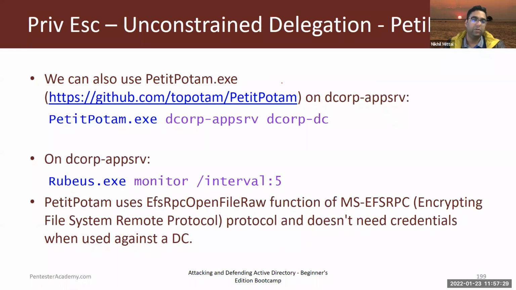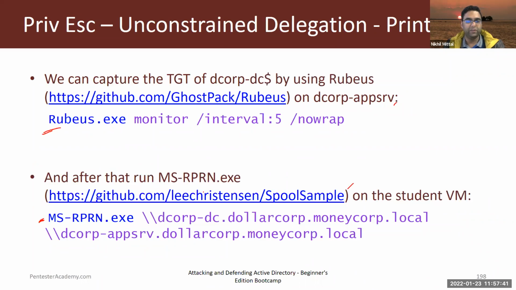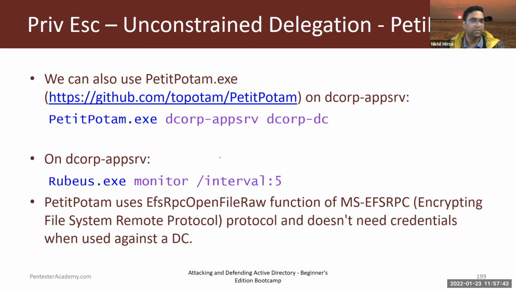All right, or you can also use PetitPotam for this. So in place of SpoolSample or MS-RPRN, we can use PetitPotam as well. Why PetitPotam? Because it uses a different protocol. It uses a function of MS-EFSRPC, the Encrypting File System Remote Protocol.